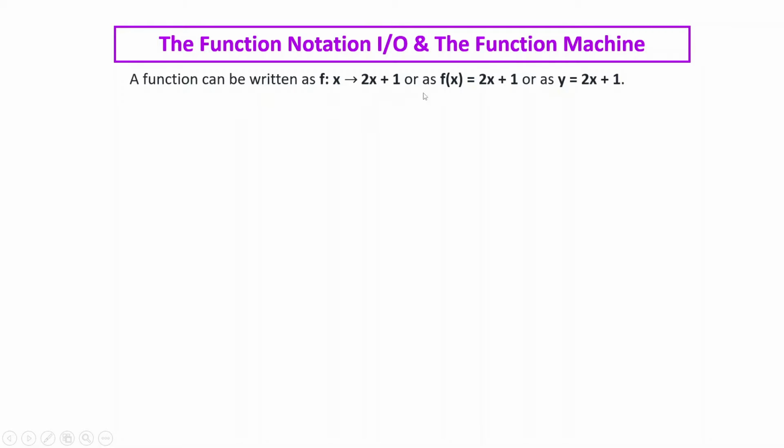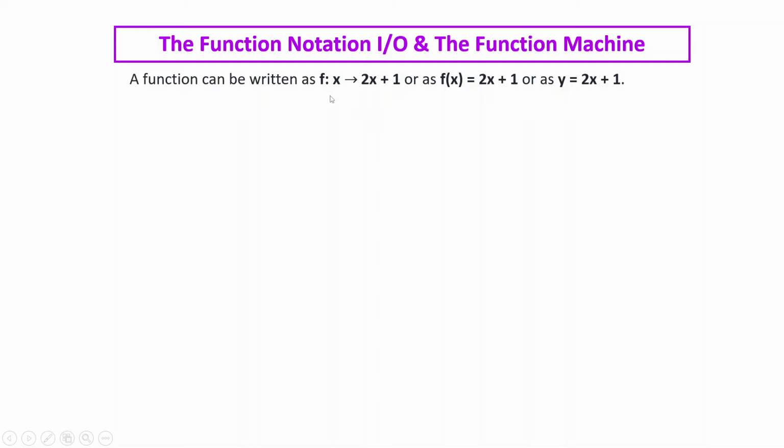But this can also be written as f(x) = 2x + 1 or as y = 2x + 1. And we express a function in either this form, f(x) equal to some expression, or y equal to some expression.